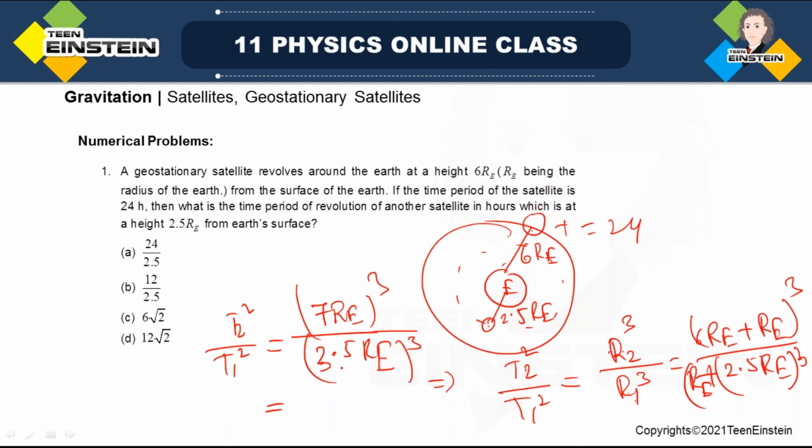If you simplify, you will get 2 whole cube, and this is a whole square. Now you have to find out what T2 is.